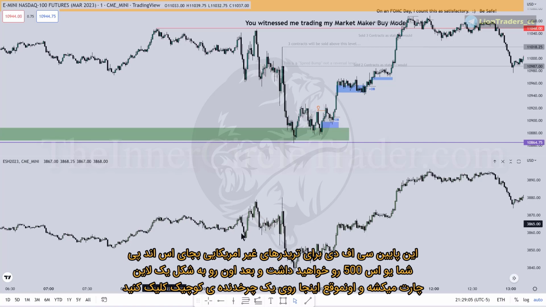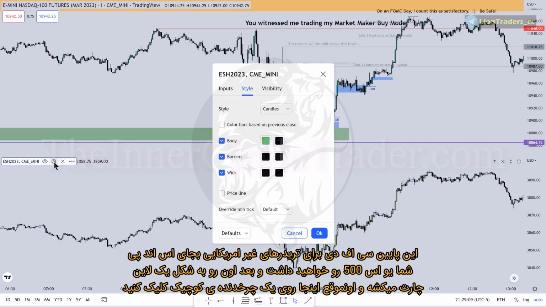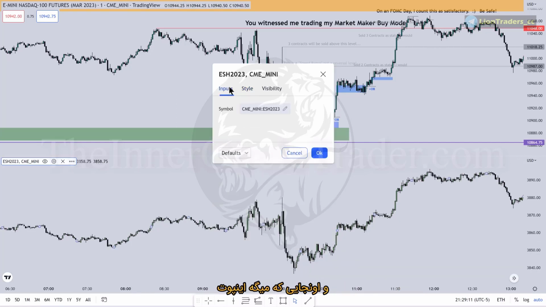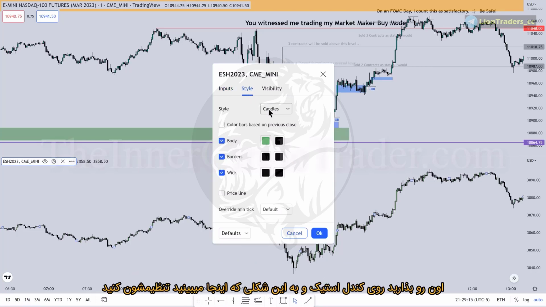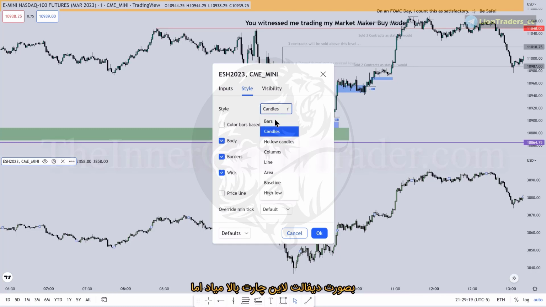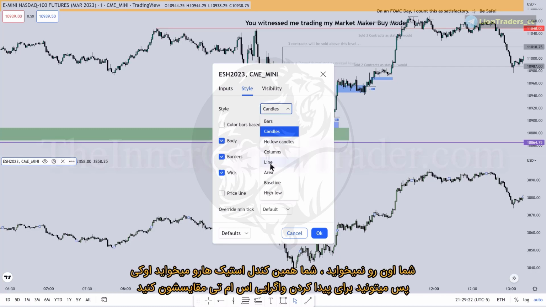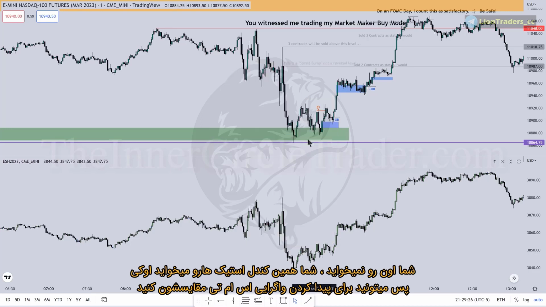It's going to plot it as a line chart, and then you click over here, that little gear, and where it says inputs, style, you're going to be doing candlesticks. It's going to come up as a default on line. You don't want that. You want the candlesticks, okay, so that we can compare and contrast for SMT divergence.